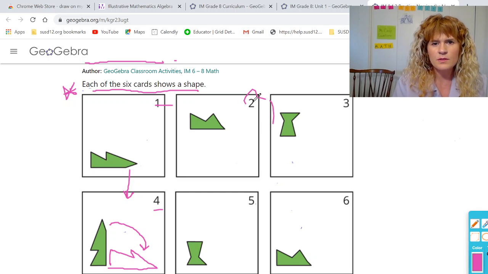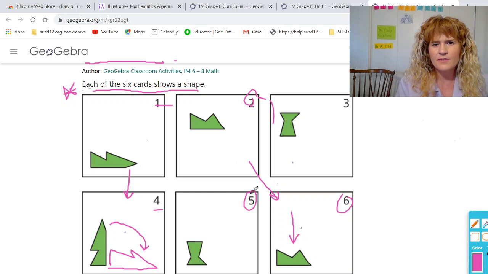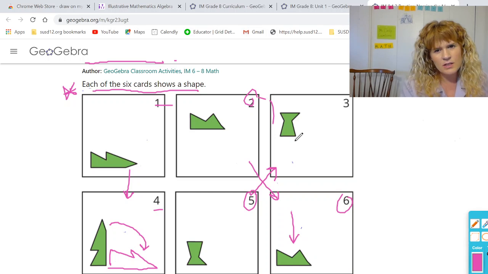How about 2 and 6? Do they show a shape and its rotation? I don't think so. It just slid down. How about 5 and 3? Is that a shape and its rotation?